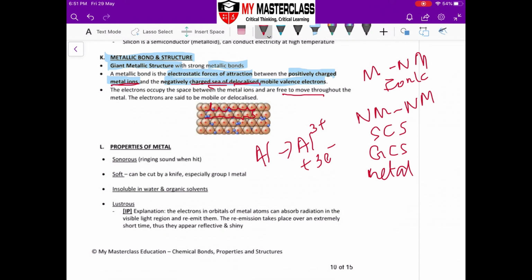Like I was telling you, the 3 electrons that are delocalized move throughout the whole aluminium cation structure, and they are called mobile or delocalized. Because this is the structure of all metals, all your metals will have these subsequent properties.